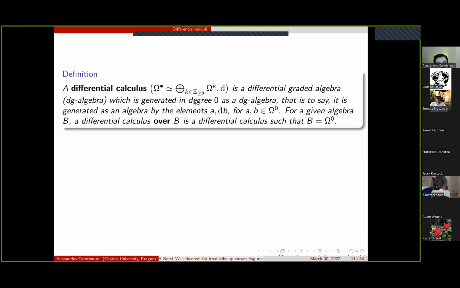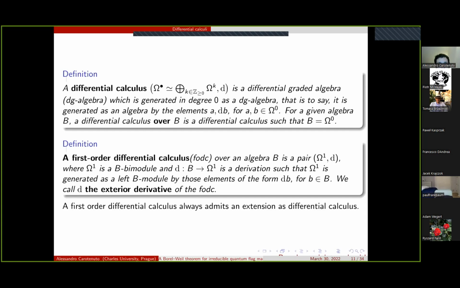That means that we want it to be generated by elements inside of Omega^0 and by their differential, that is, by an operator d of degree +1, which is called the differential, and d squared is 0, of course. Then for a given algebra B, we say that we have a differential calculus over B if we have a differential calculus such that Omega^0 is isomorphic to B.